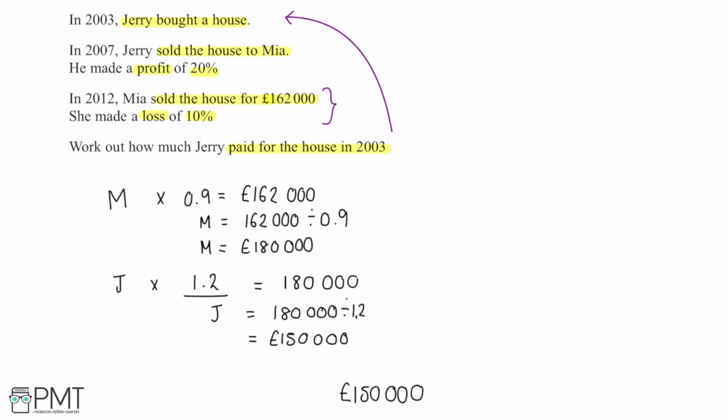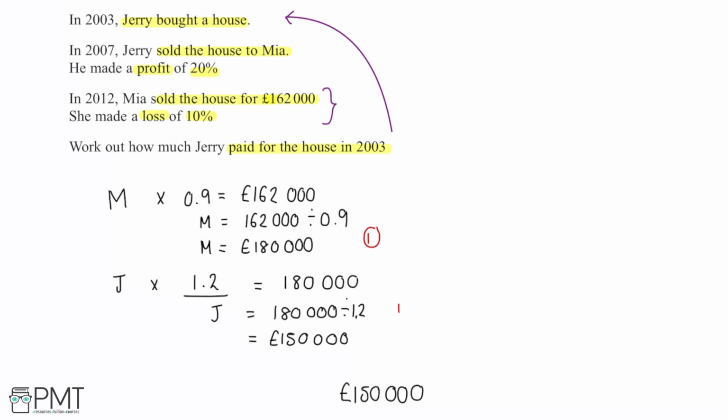We know that Jerry paid £150,000 for the house. Now, as for how the marks are awarded here, the first mark is for a process to find the cost in 2007, so for coming to this answer here of 180,000. The second mark is for then continuing on and using a process to find the cost in 2003.